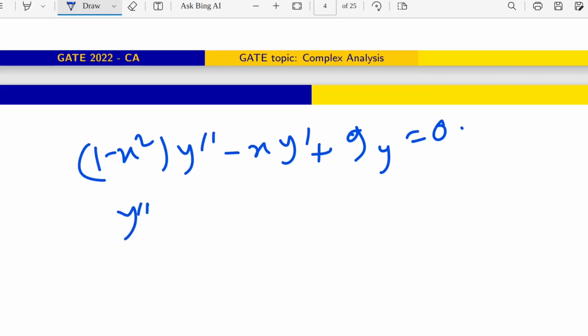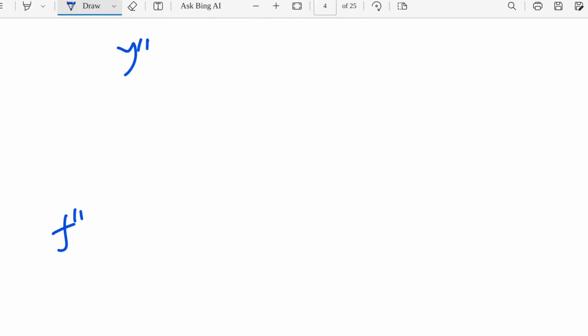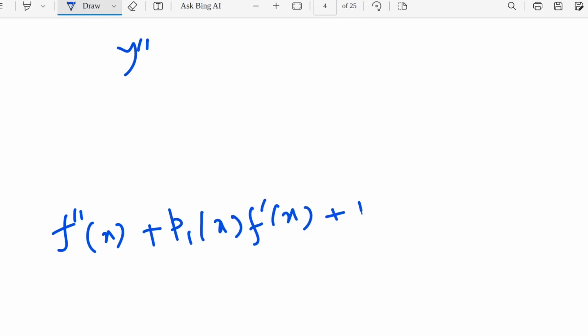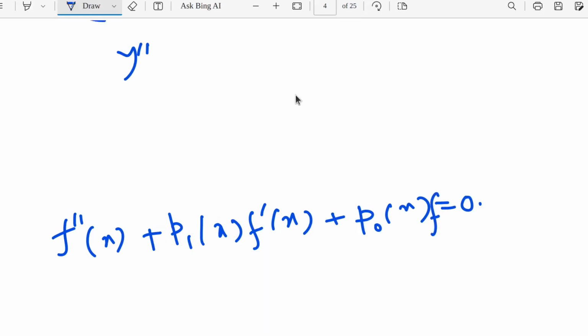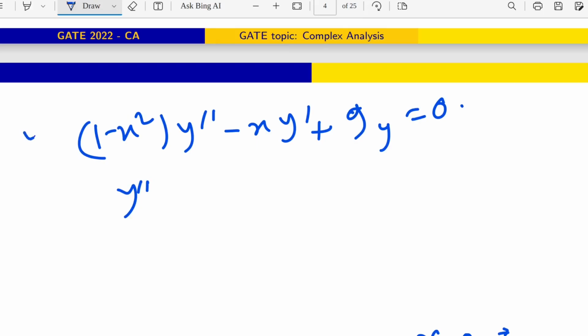How to do that? You can see the differential equation whatever I wrote. I am just going to write it here again so that you can understand that very clearly. This one equals to 0. So that was the expression of the ordinary differential equation, and just comparing this with this, I have to calculate p1x and p0x for the differential equation given in the question.